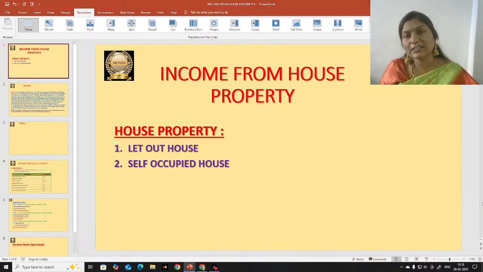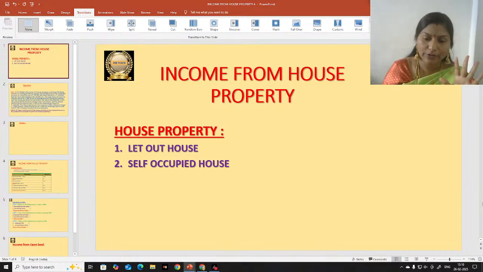Actually every assessee is having 5 heads of income, and if they have that income, then we should calculate it using all income tax rules and regulations, and that will be taken into account for tax liability calculation.